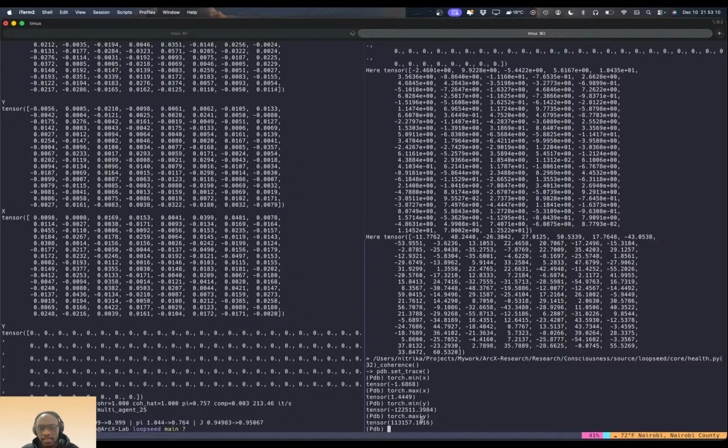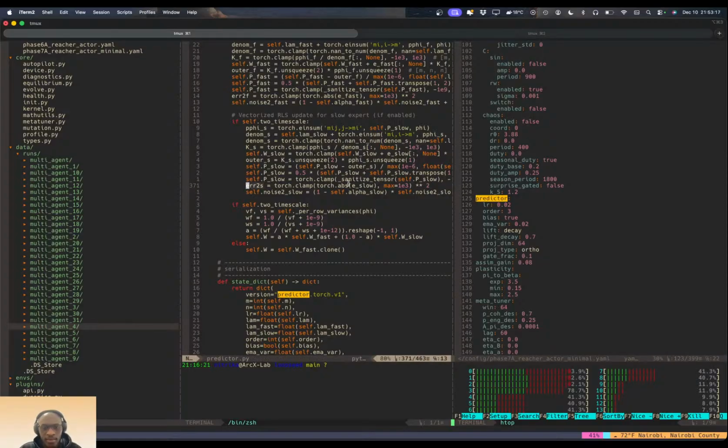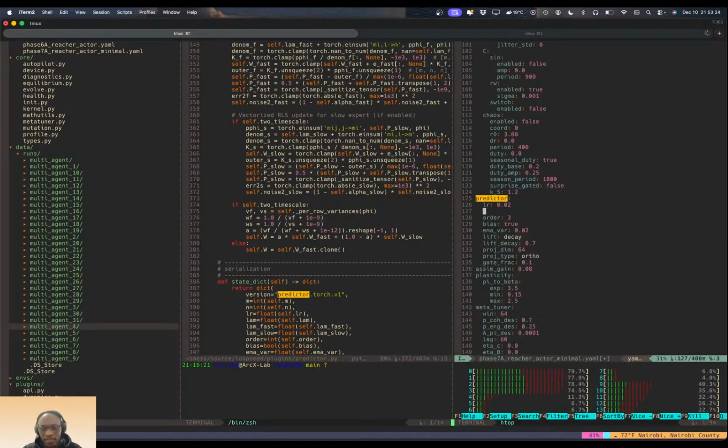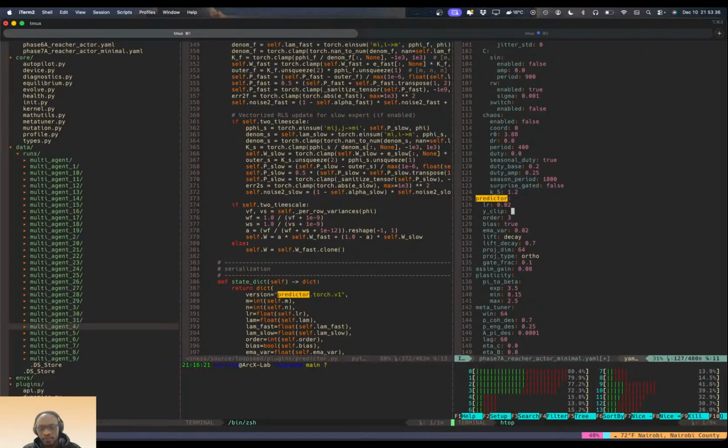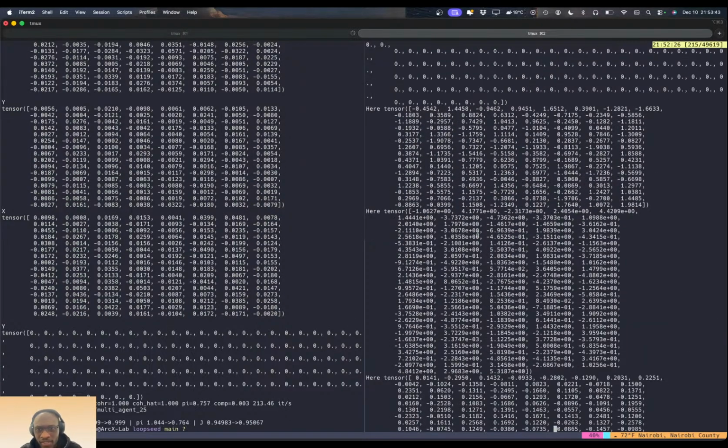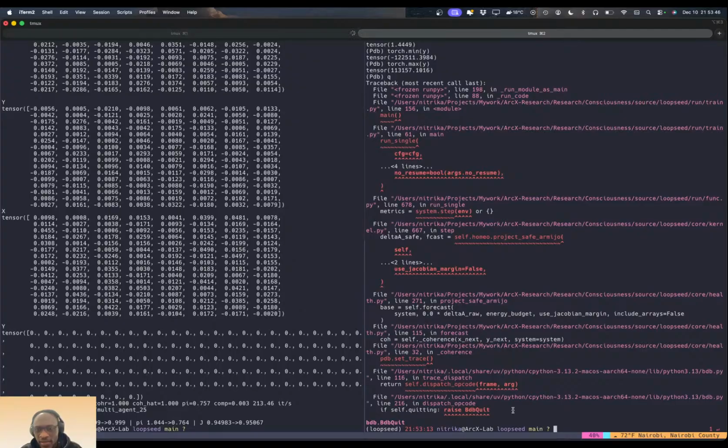Okay, let me try something here. Let me clamp this, let's say we just wanted to play around some value. Y clip or clamp, whatever you want to name it. Say we wanted to play around 5, so it doesn't go over. Did we have 5 in the previous? I don't think we had 5.